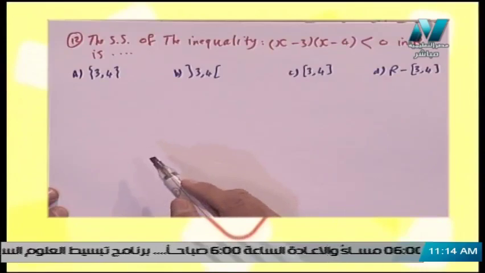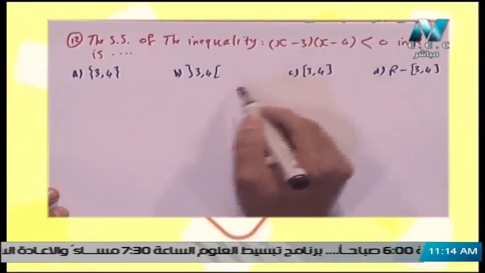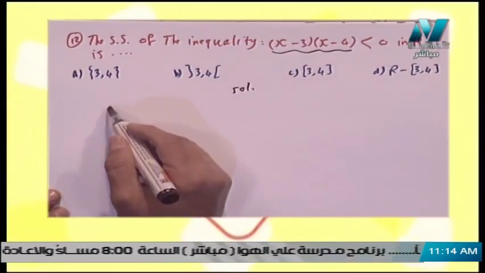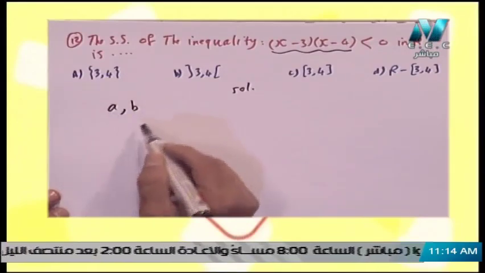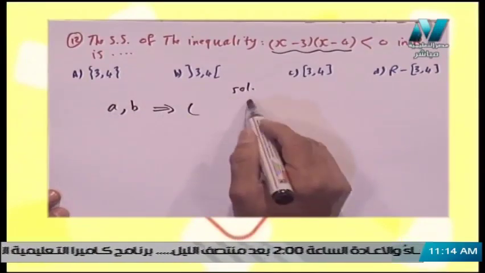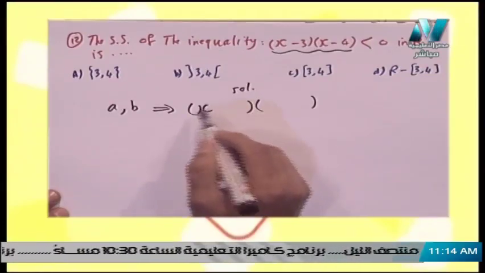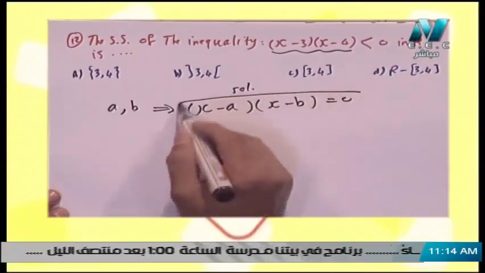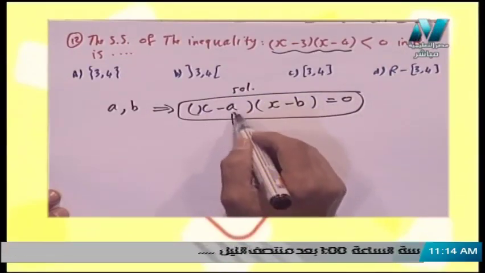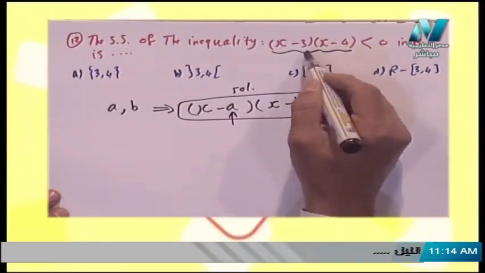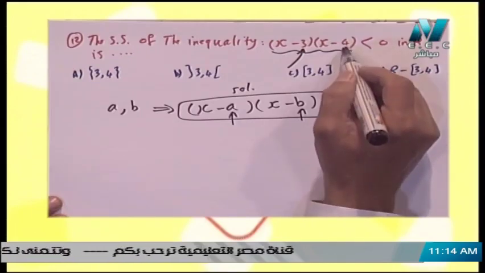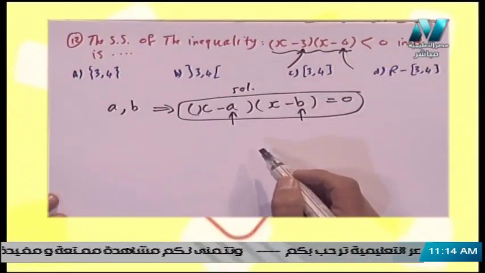We know from the first lesson of algebra how to find out the equation, and it's if we have the two roots equal a and b, then we can put as them x minus a and x minus b equals 0. It is a quadratic equation if we have the roots a and b. So we can deduce now that we have the first root equals 3 and second root will be 4.